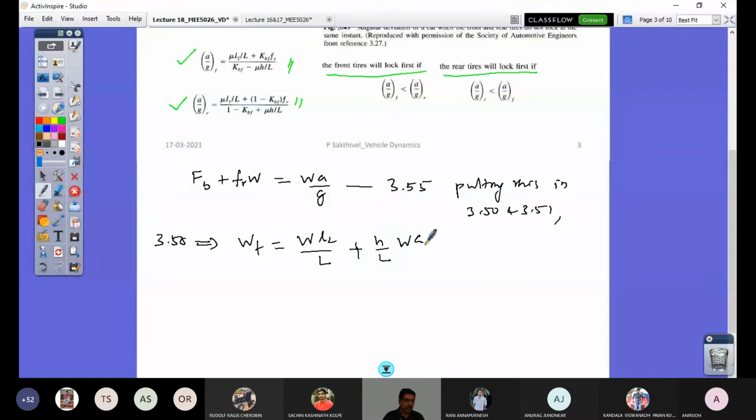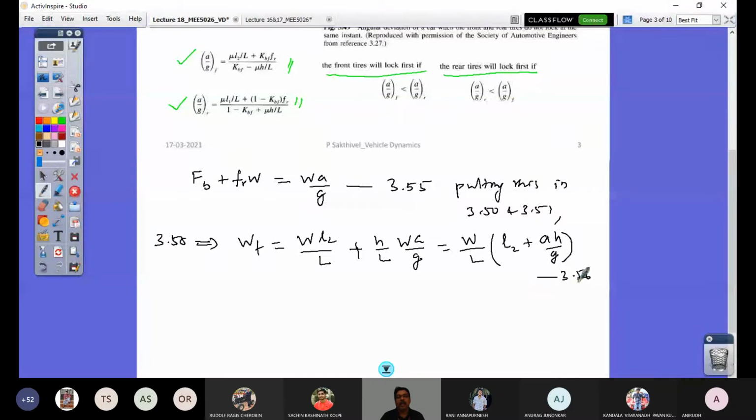So if I look at this, W by L is common, I take that out, W by L, and what I have inside is L2 plus AH by G. So A by G is the deceleration of the vehicle, right? So this is going to be equation number 3.56.